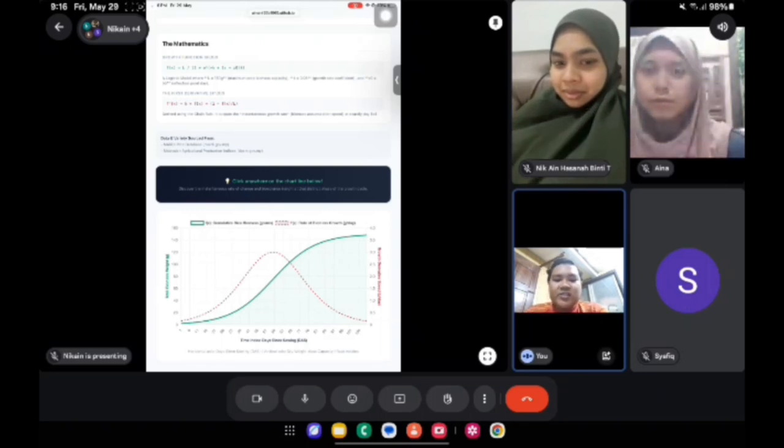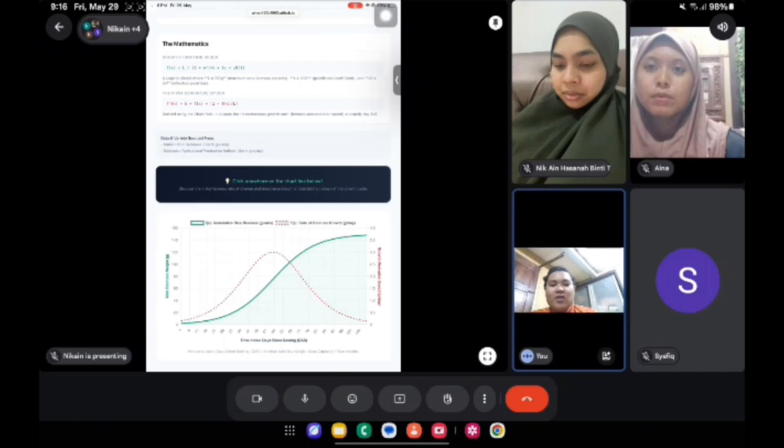The importance section explains why food security is important for health, economy, and human survival. Lastly, the conclusion summarizes the overall discussion and reminds us that technology and bioscience are important for future sustainability.